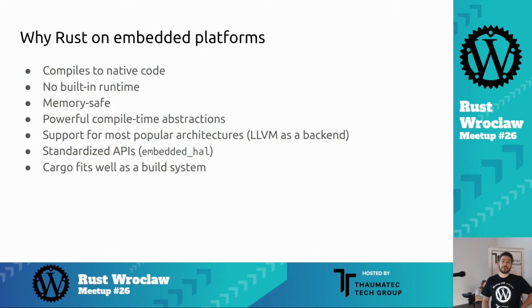Okay, and also Cargo, which is the Rust build system, fits very well to building the binary that you will program into the MCU, because it has plenty of capabilities to, for example, prepare the linker script using build.rs. This is a nice feature, but I won't cover this today.